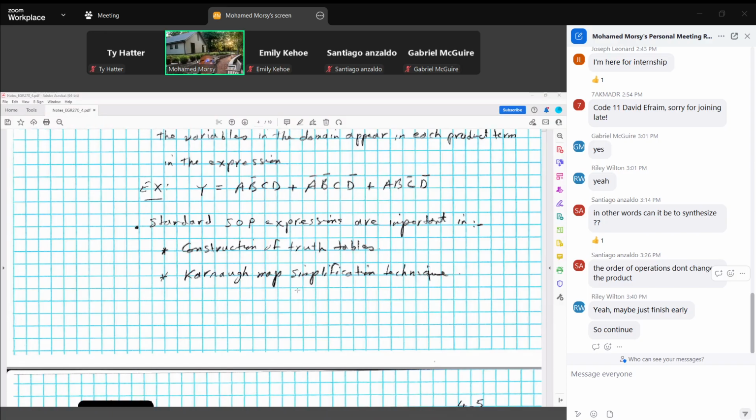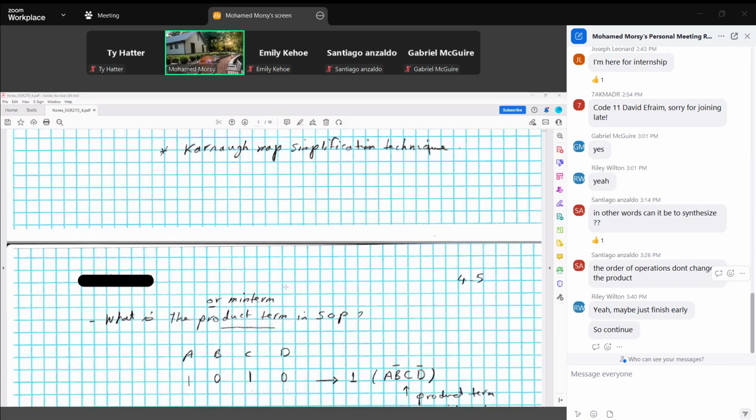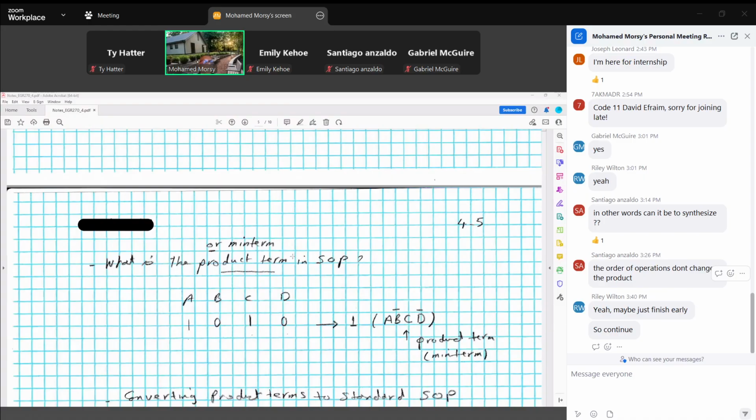Now, how do we convert from non-standard form to standard form? Assume we are given y, the Boolean expression, y or f or whatever, but not standard. To go through the truth table or Karnaugh map, we have to convert it to standard form first.